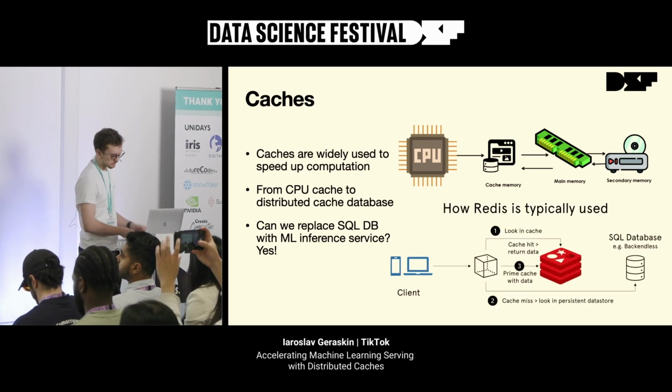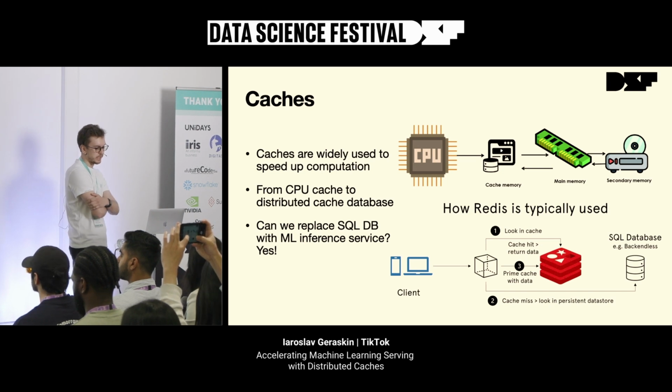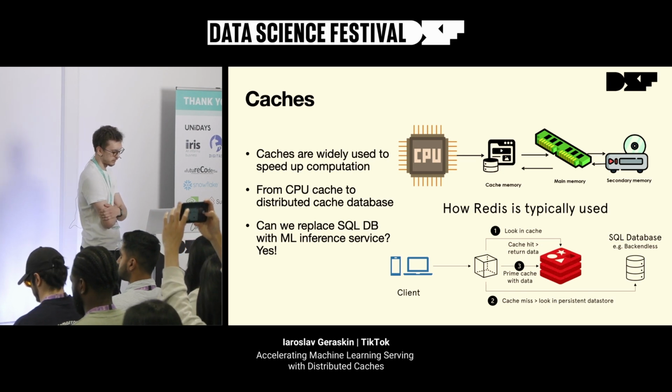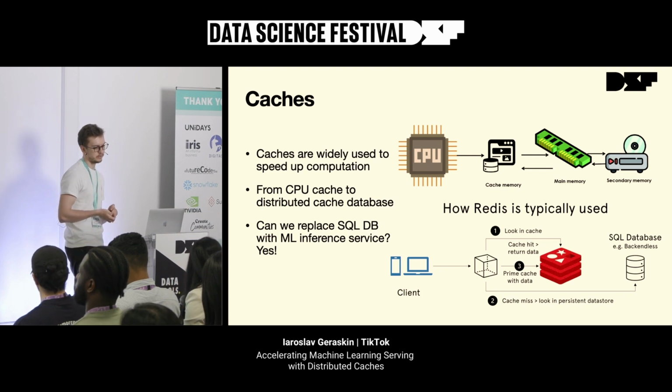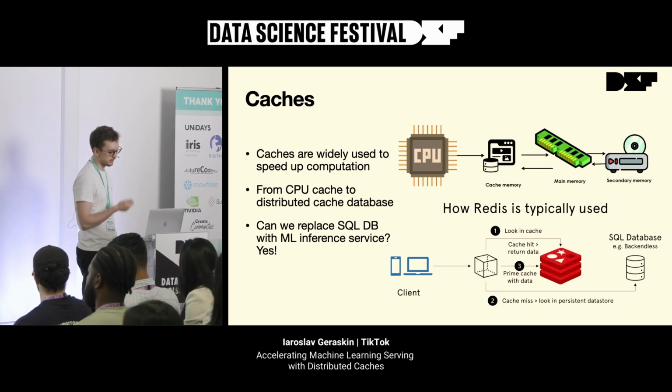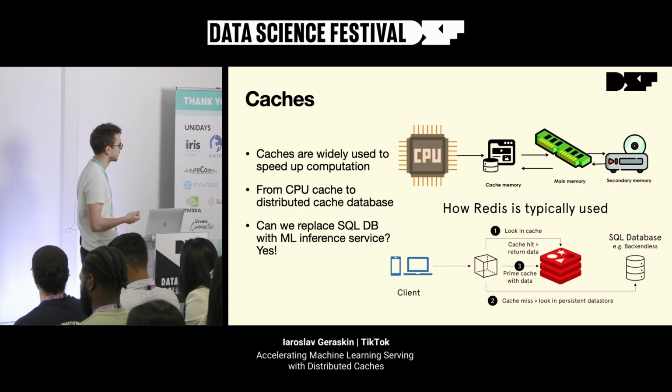For example, Redis is a distributed database which stores data in fast memory, and querying Redis is much faster than querying an SQL database.